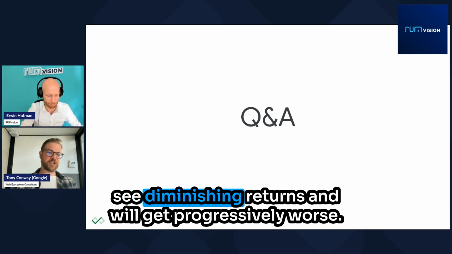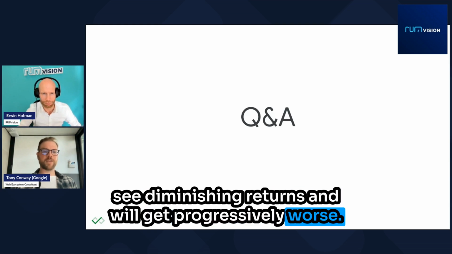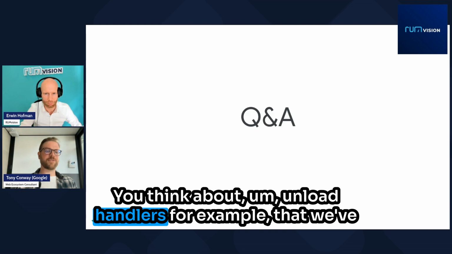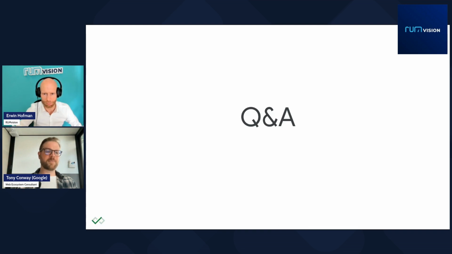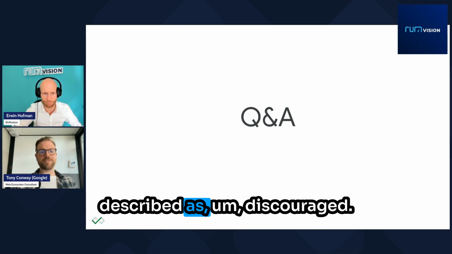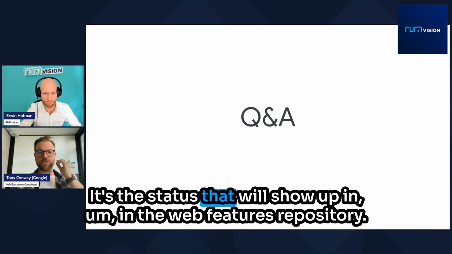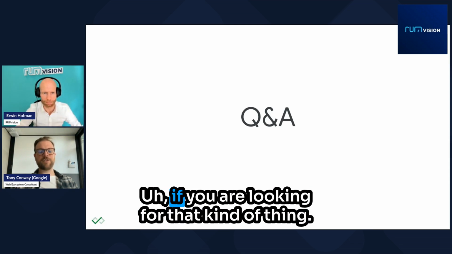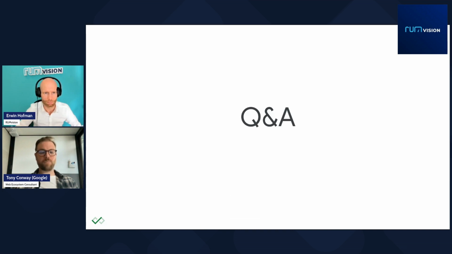These things will see diminishing returns and progressively worse. You think about unload handlers, for example. We've been trying to get rid of them for years. Things like that are described as discouraged. That's a status that will show up in the web features repository, if you are looking for that.